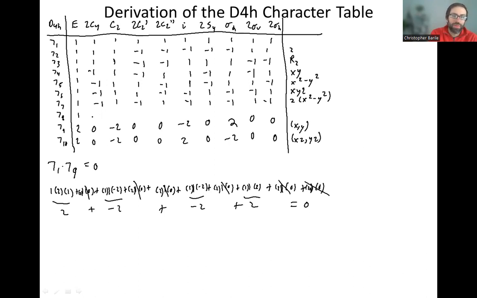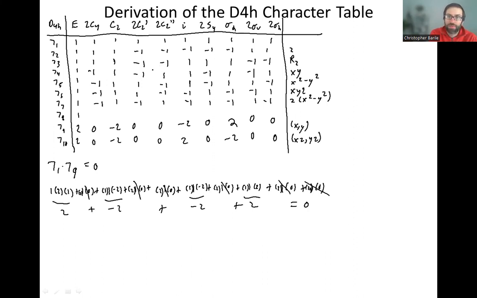But we're going to use that idea to figure out what gamma 8 would have to be, okay? And what's nice about using gamma 1 as an example is 1s across the board, so it didn't do anything. And if you look at any of these other gammas that are one-dimensional, you can think about how many -1s there has to be.